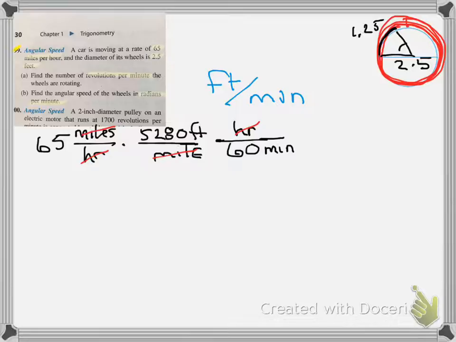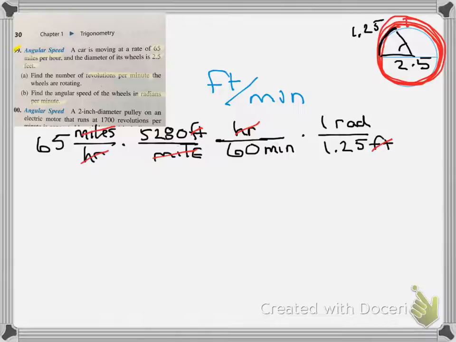That one sounds easier to me, so I'm going to do that one. So I'm at feet and I want to convert to radians. I'll multiply by 1 radian for every 1.25 feet, so the feet cancel, and that leaves me with radians per minute.